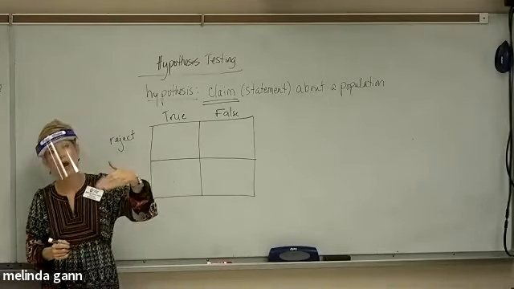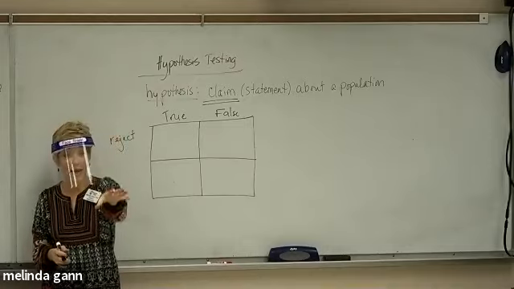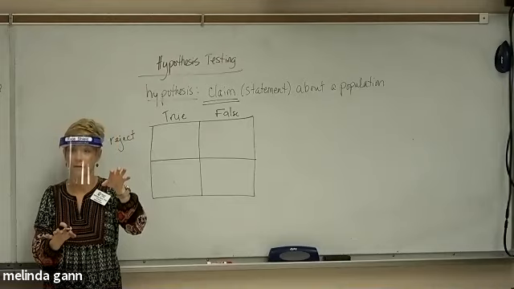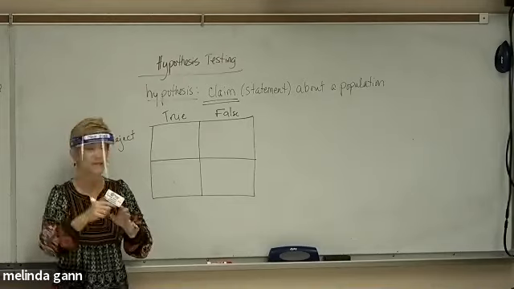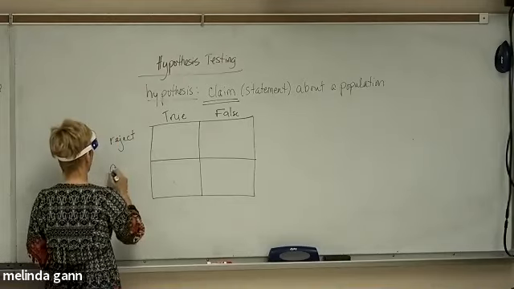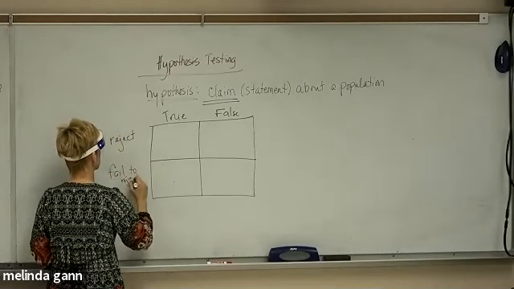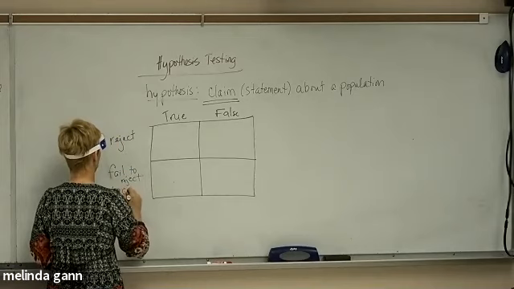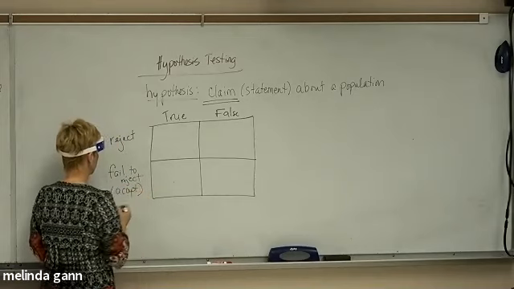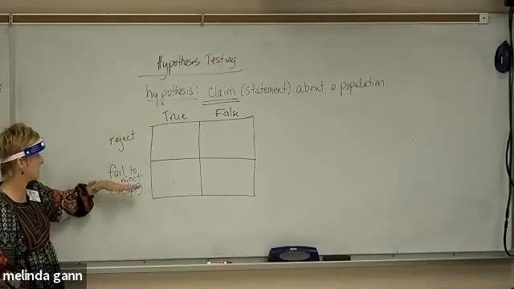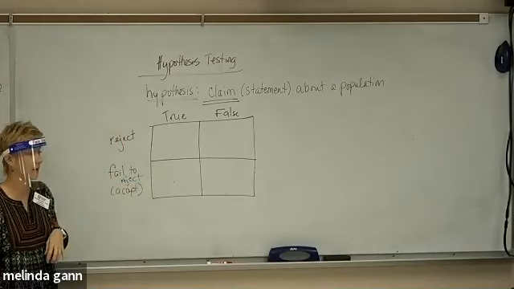At the end of the whole thing, you're either going to reject the claim, or, now what do you think the next word's going to be? Except, they don't phrase it that way. I'm going to put failed to reject, and then I'll put accept in parentheses to kind of explain something. But for right now, I want you to think of it as reject or accept. And I'll talk about in a minute why they don't use that word.